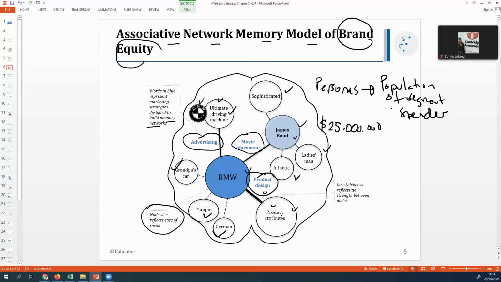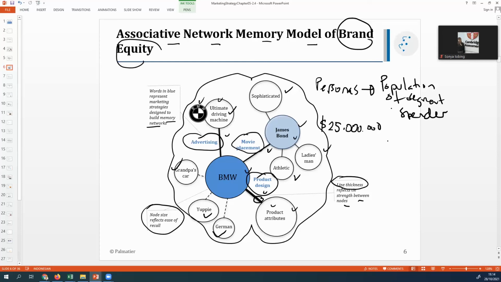The product attributes also have a line. The thickness of the line reflects the strength between the nodes. The thickness shows the strength of the attribute between product and BMW. James Bond, this line thickness also shows the strength, and the advertising. So this is the associative network memory model.